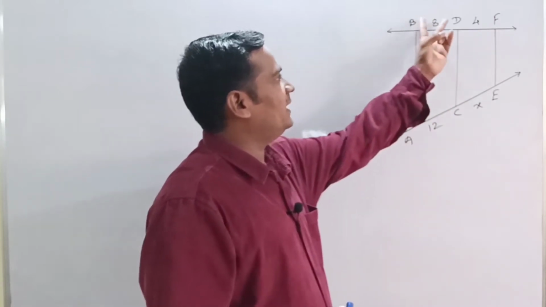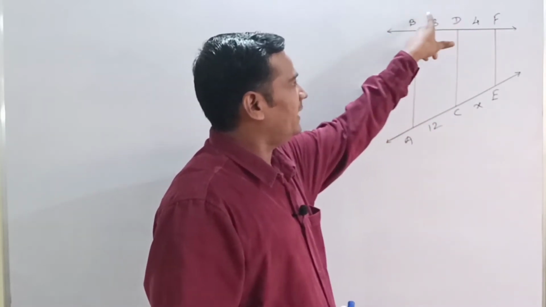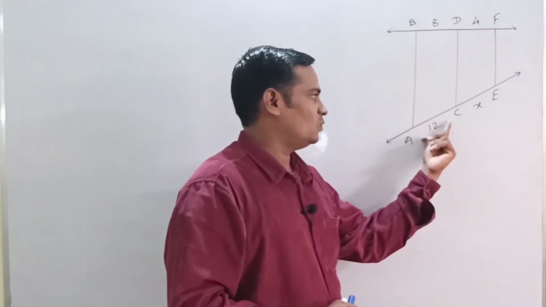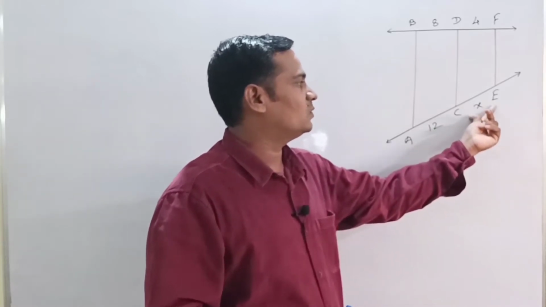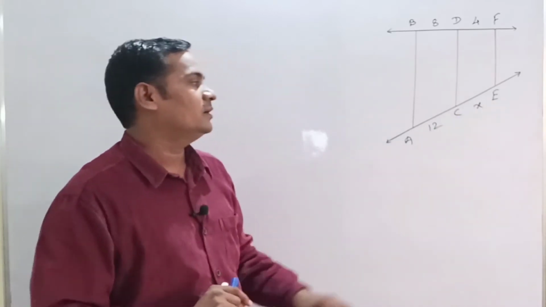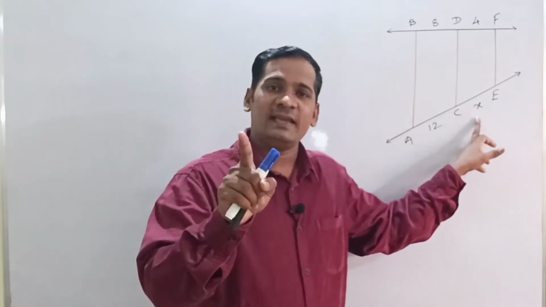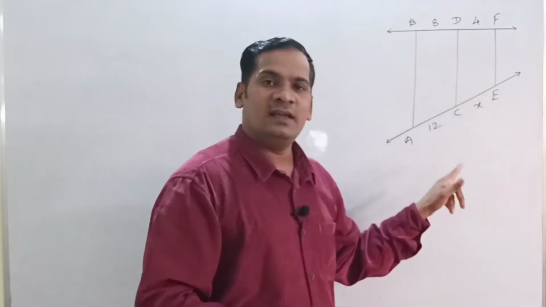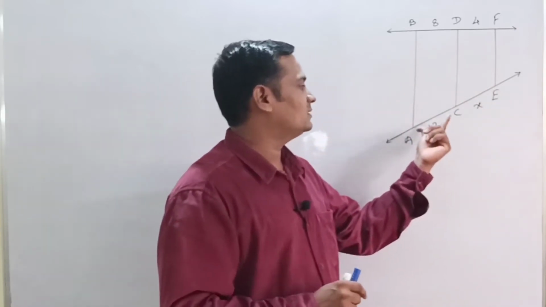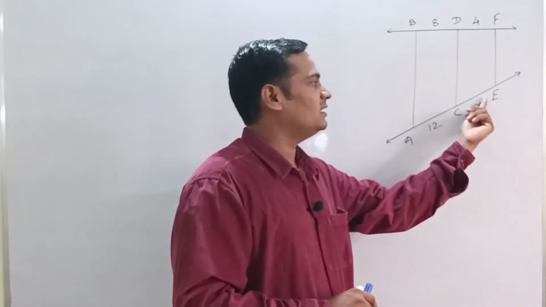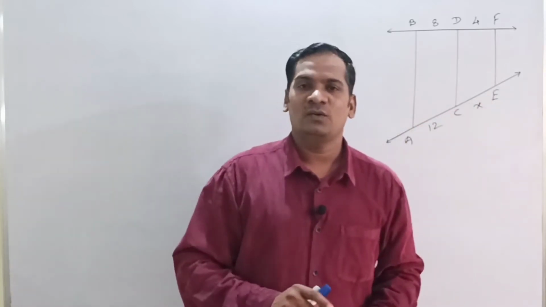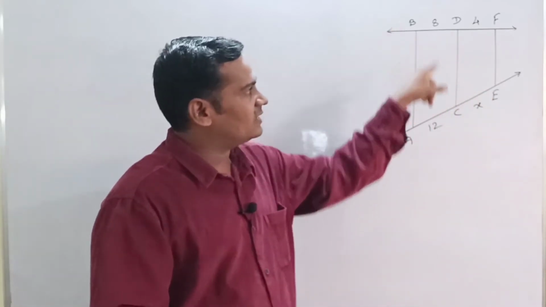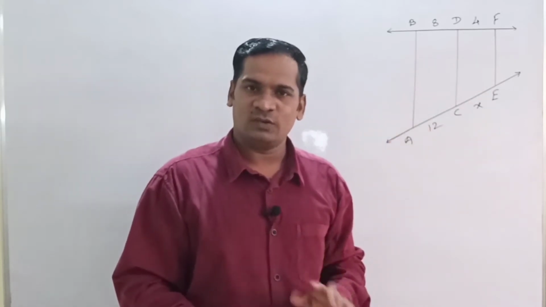If BD is equal to 8, DF is equal to 4, AC is equal to 12 and CE is equal to X, then the question is to find out X, and not only X, we also have to find the length of segment AE, that means AC plus CE, and CE means X. So first of all we have to find X, as these three lines are parallel to each other.